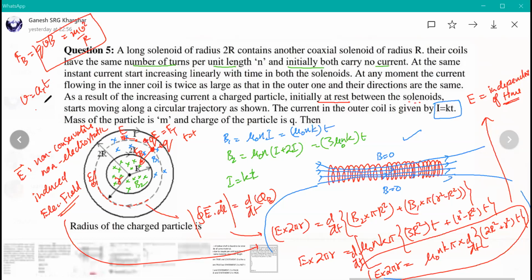That tangential acceleration will be qE divided by m, because the electric field is constant in time. So I'll connect this with this and get the required relation. I hope this is clear to all of you.